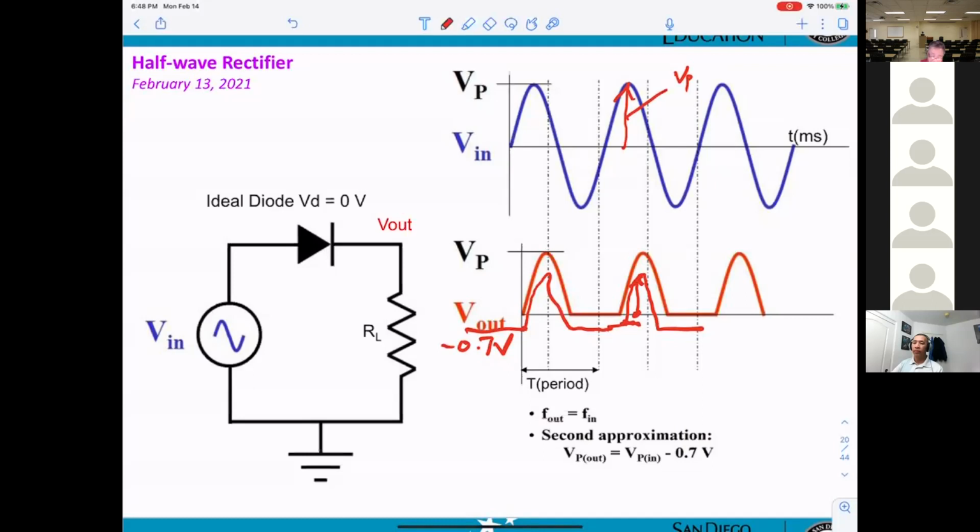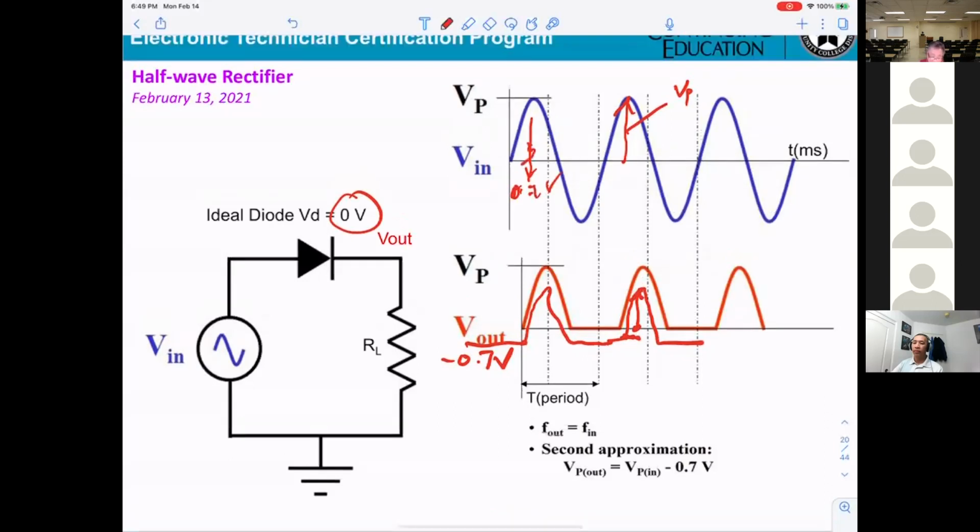They're not the same as the 0 volt for ideal. When you run the simulation, you can see exactly. VP is measured from 0 to the top, however the signal goes down 0.7 volt, so VP now is from here to the peak.